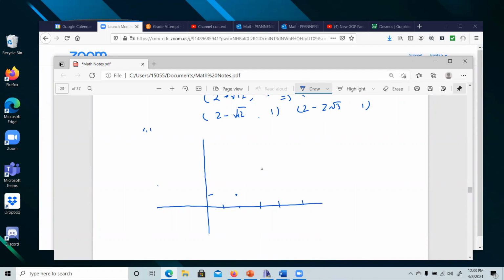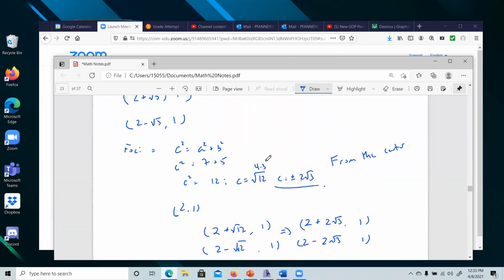Root 5 is like 2 point something. So we'll call this 2 plus root 5 here. Notice my y value is still 1. And then 2 minus root 5, we're going to be like here somewhere. We'll put it right there. This will be 2 minus root 5, 1. All right, those are our vertices.